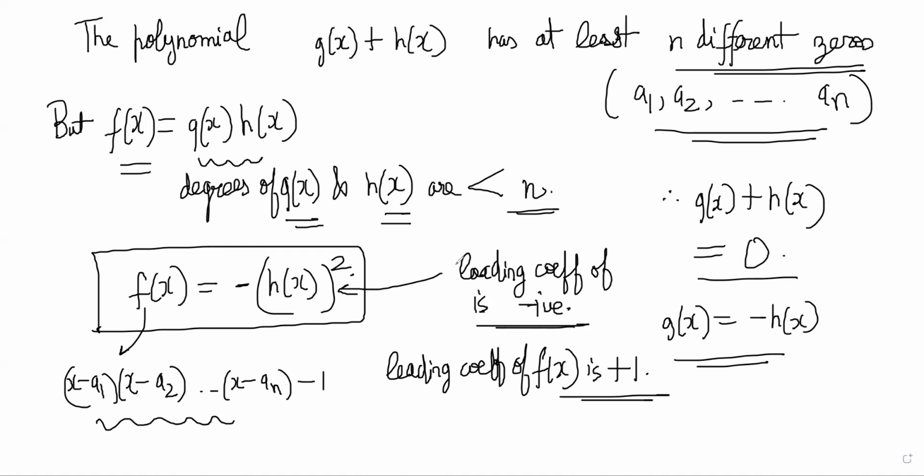So we have gotten a contradiction based on the fact that the leading coefficients will have opposite signs, and that means that f(x) cannot be written as g(x) times h(x), which was our initial assumption. So basically that proves that f(x) is irreducible.